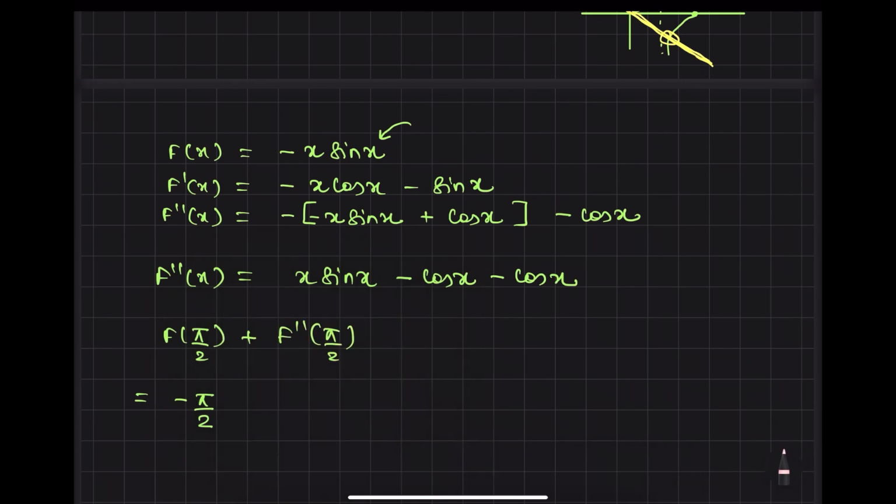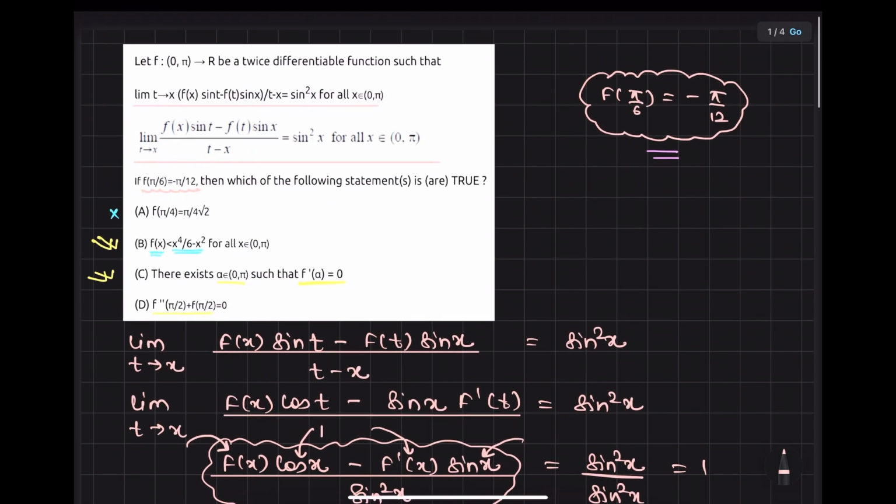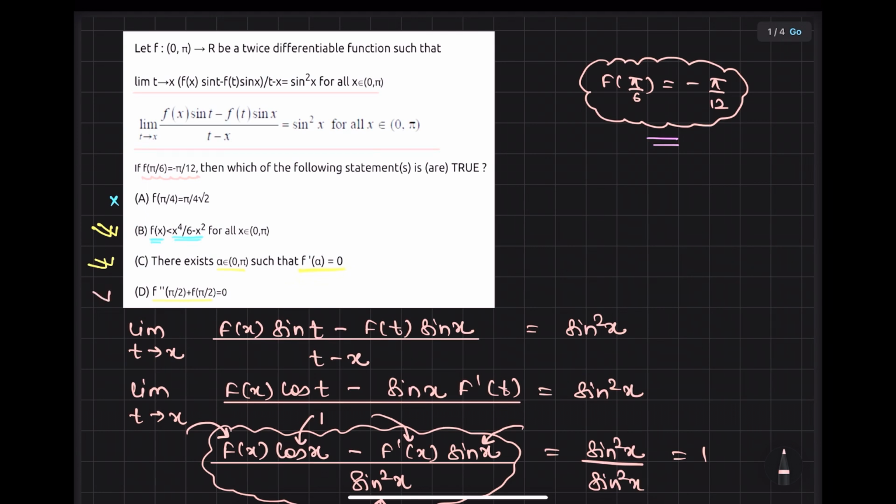If you observe pi by 2, this thing will become pi by 2, and sin pi by 2 is 1 and cos pi by 2 is 0. This thing is 0, cos pi by 2 is 0 and this thing is gone, which will come out to be 0. So the sum of these two things becomes 0, and they are asking you to find the same thing, which comes out to be 0. So option D is also correct.